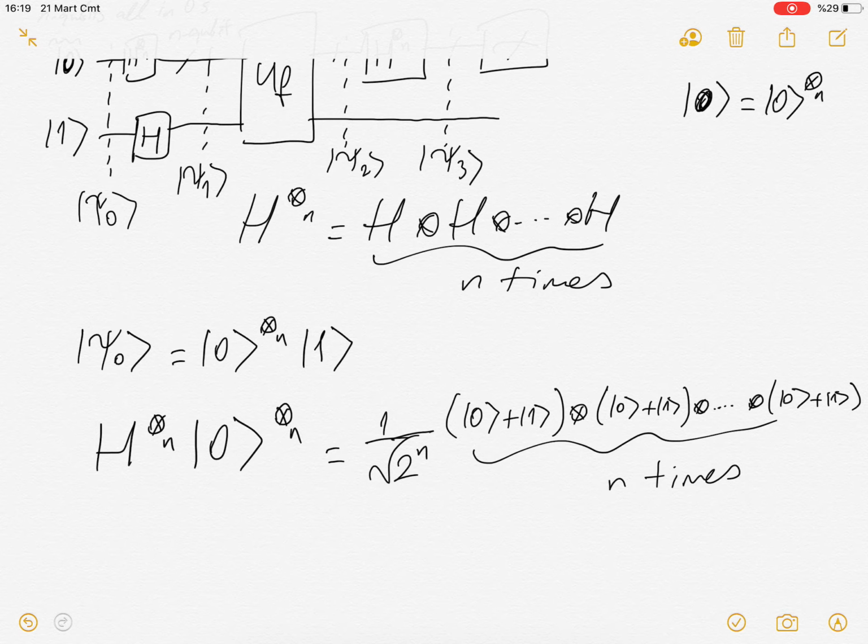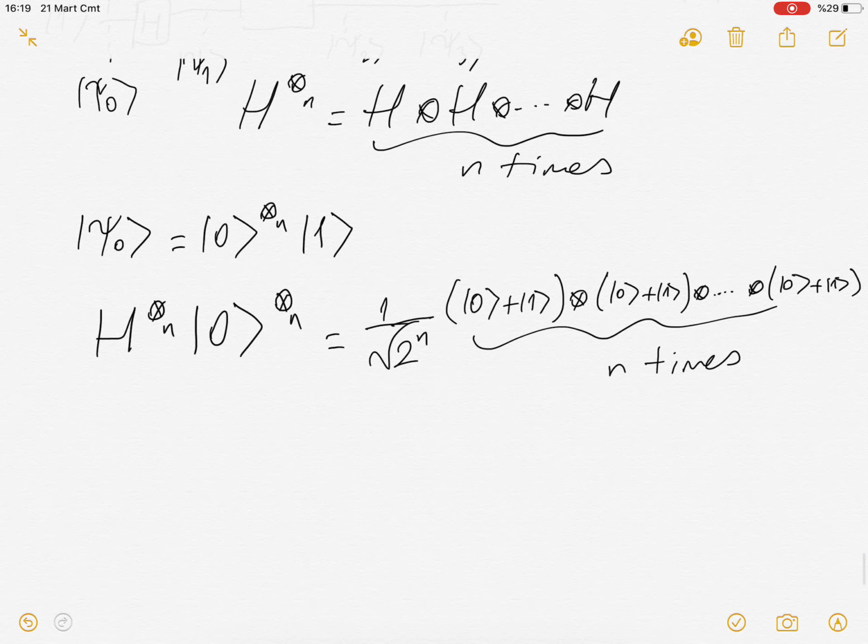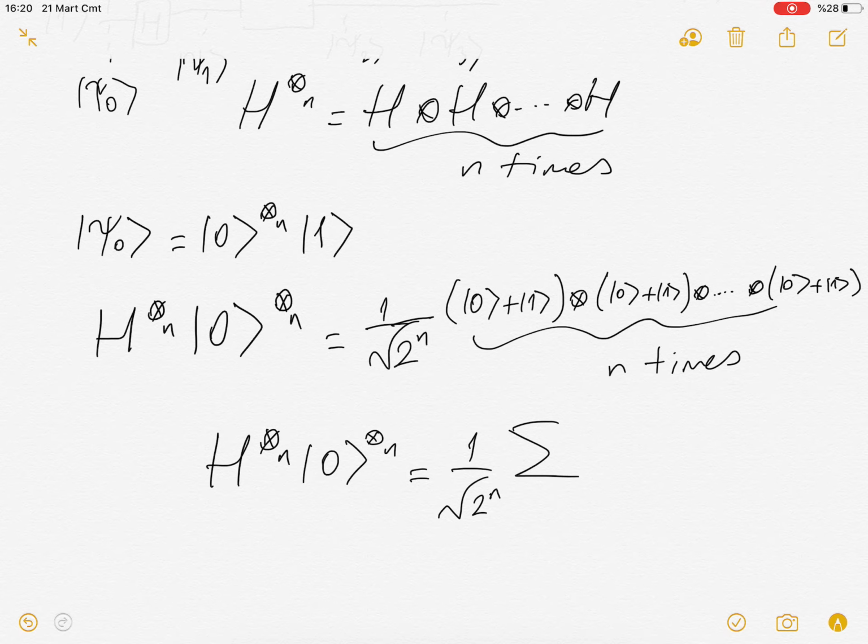So expanding this tensor product, if we formulate this, Hadamard tensor n applied on an n-qubit register with all zeros will be equal to 1 over square root 2 to the power n, summation over boldface x, where x is a string of n-bit length, ket boldface x.